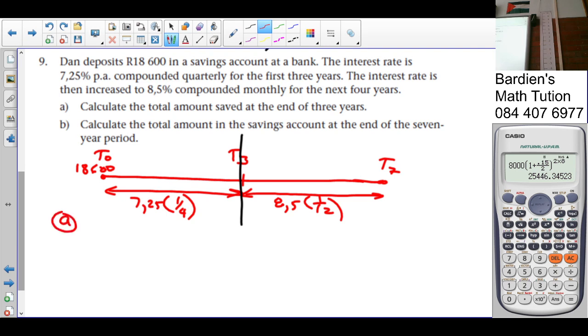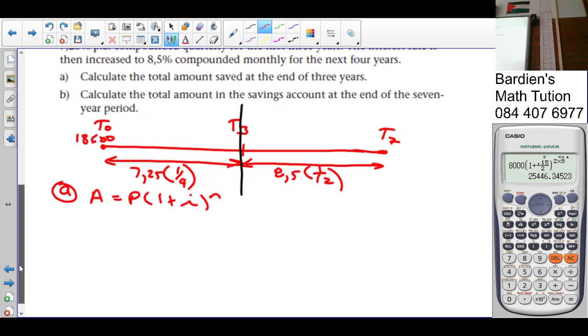So you say A is equal to P into 1 plus i to the exponent n. So what's your P value? 18,600 into 1 plus 0.0725 divided by 4 to the exponent 4 times how many years? 3 years.